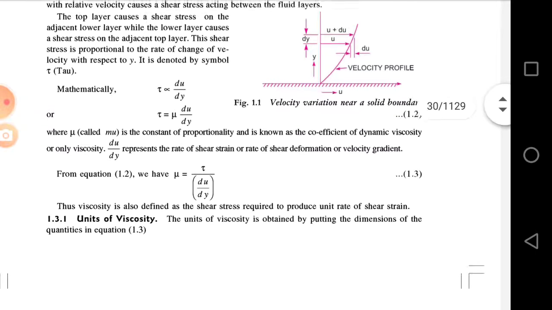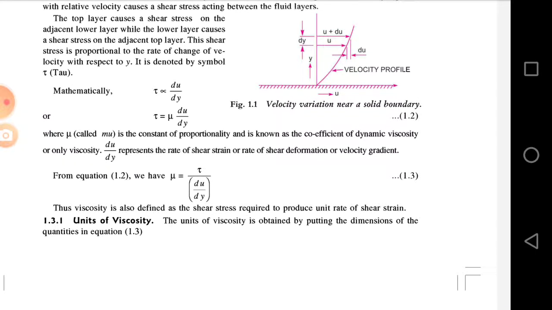This shear stress is proportional to the velocity gradient, and shear stress is equal to mu into du by dy, where mu is called the coefficient of dynamic viscosity.